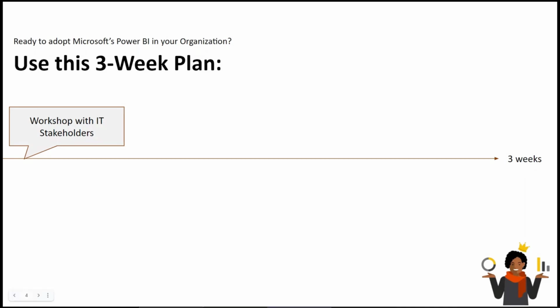Some example attendees in this meeting would be the CTO, maybe, the IT manager, the director of BI, the director of data strategy. You just want to have those high-level decision makers as a part of this meeting, so you can determine what your actual strategy is.